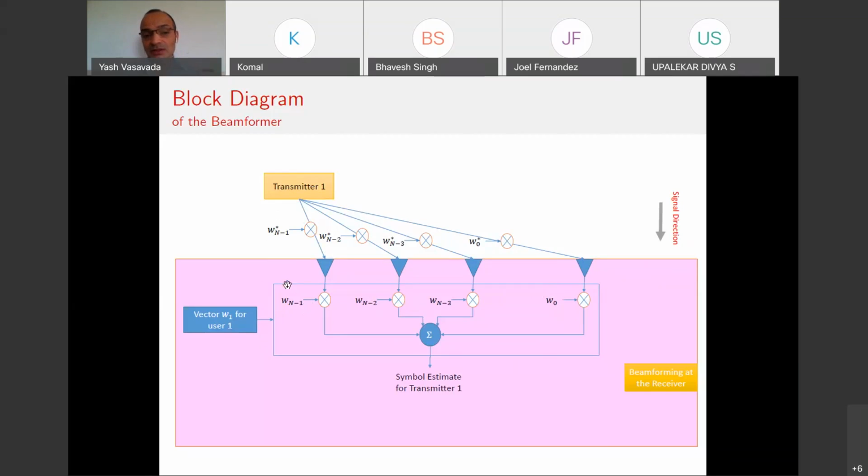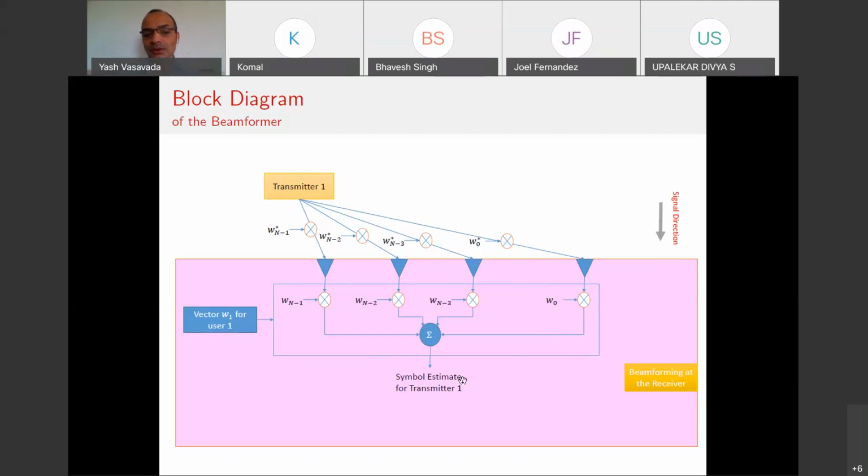Then there is a mismatch. This beamformer is no longer the matched filter. There is a 5 degree mismatch. And we saw that once we convert that 5 degree mismatch into frequency mismatch, which in some of the initial lectures we called small delta f naught.